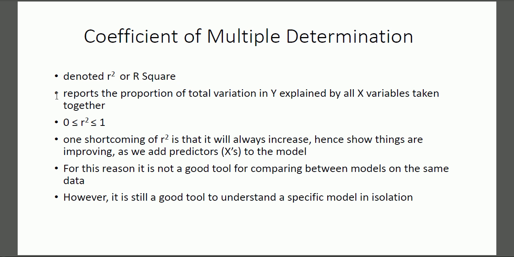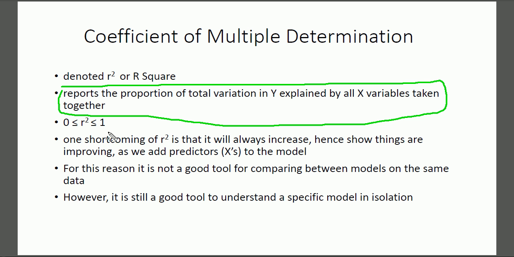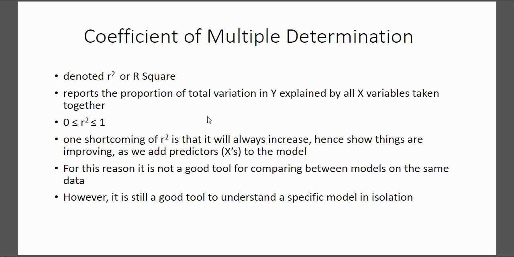R-square is a good tool to interpret a specific model, but it's not a good tool if we're trying to decide between different models we've created on the same data. So we'll still use it in interpreting a particular model, but if we ever need to compare between two models, we'll need another tool.